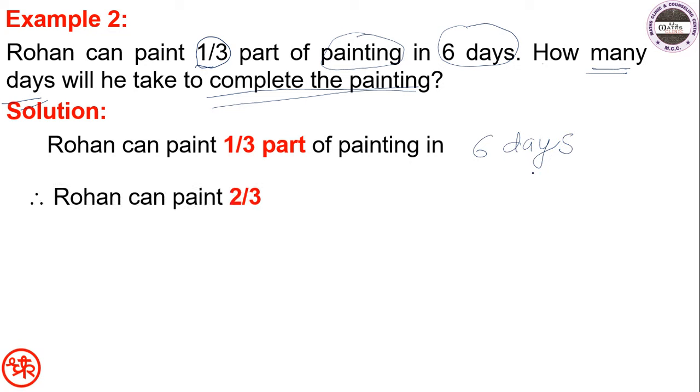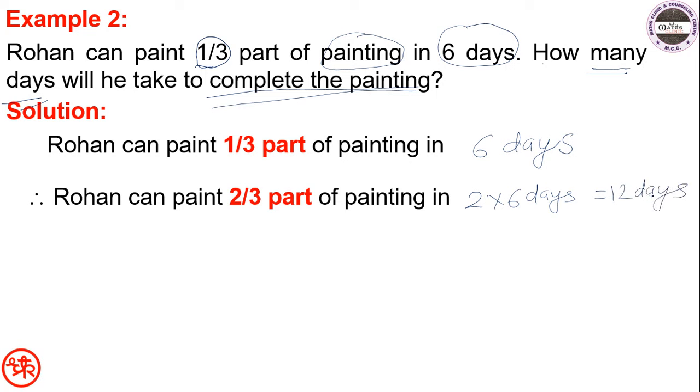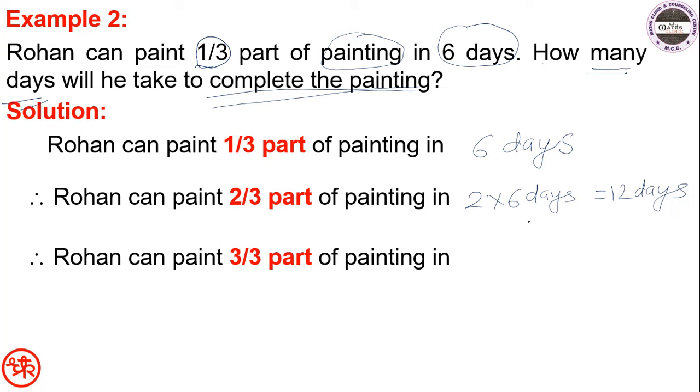And therefore Rohan can complete, if we double it, how much will it be? What will be the 1 by third part doubled is 2 by third part. Okay, and therefore the number of days will be double, that is 2 into 6 days, that is equal to 12 days. Again, 3 by 3 part of painting, in how many days?